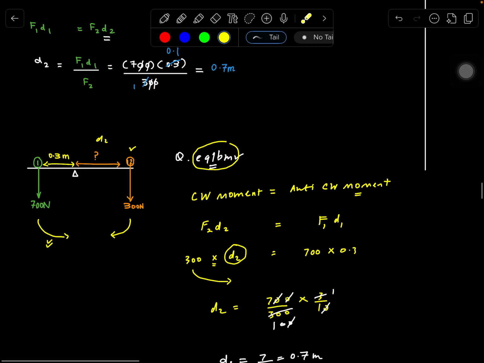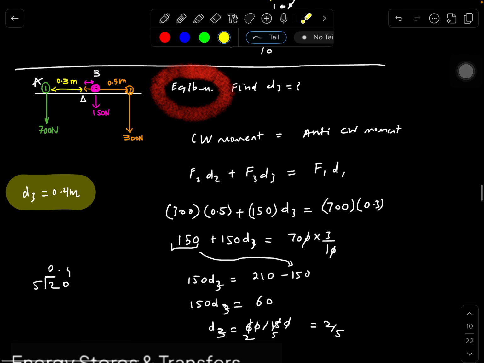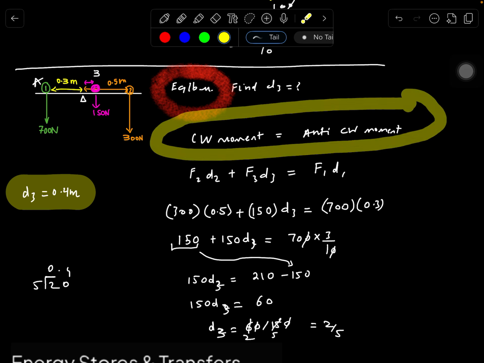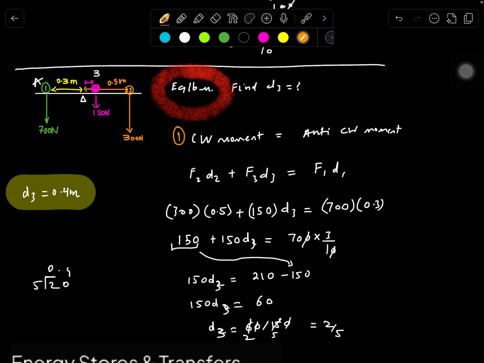So when you're working on problems and you see the word equilibrium and you have to find out the moment or the distance or any one quantity in the problem, the first step is to apply the principle of moments, which is that clockwise moment is equal to anti-clockwise moment. Your next step is to identify which one's clockwise and which one's anti-clockwise.